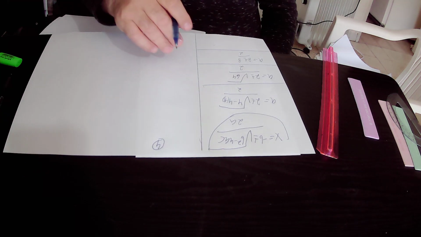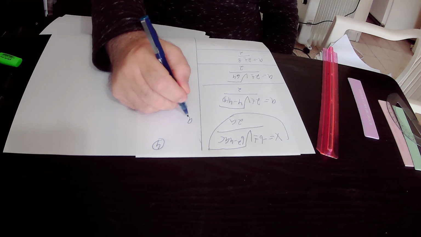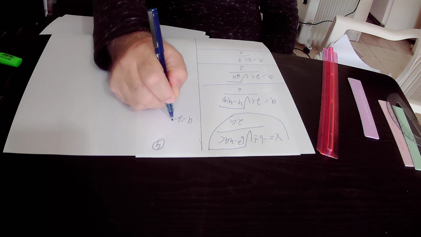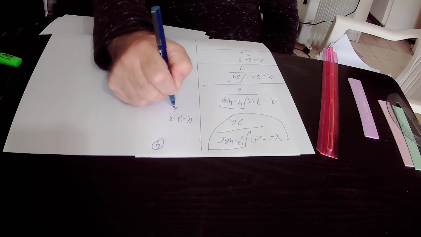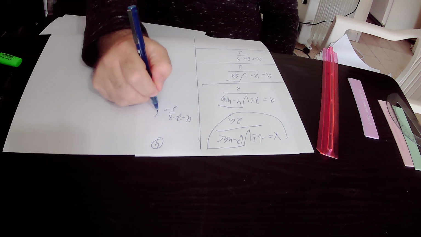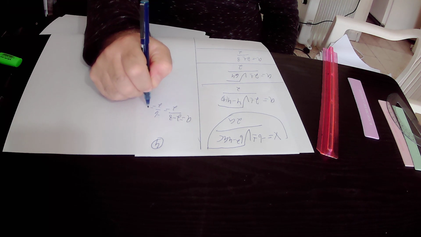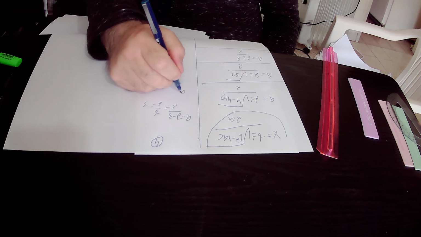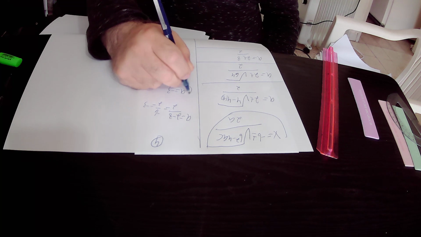The first solution for a is that a equals 2 minus 8 over 2. 2 minus 8 is minus 6, and minus 6 over 2 is minus 3. So a equals minus 3, that is a negative number.